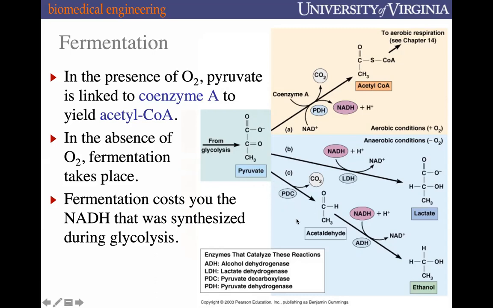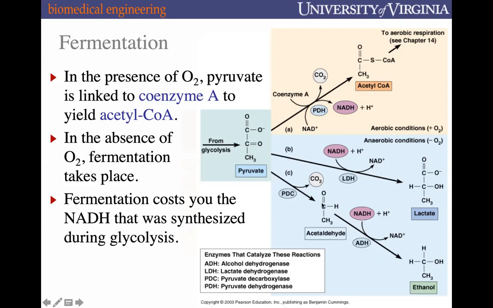As you can imagine, a decarboxylase is the loss of carbon dioxide. And so they'll produce acetaldehyde, and then alcohol dehydrogenase, along with the reduction of NADH giving up its electrons, will now produce ethanol. And so this is alcohol fermentation here.